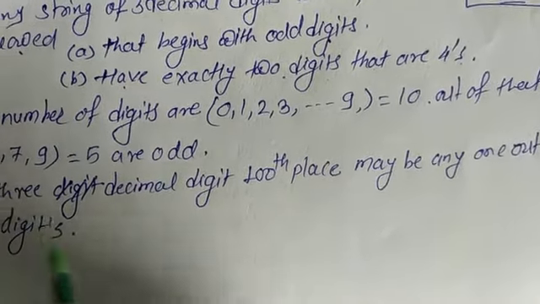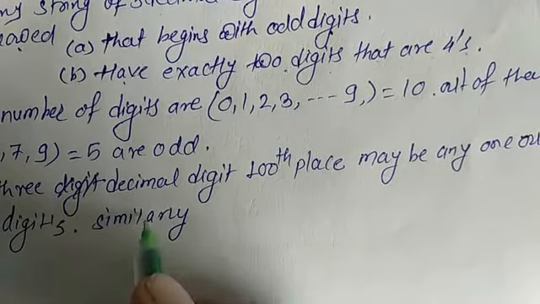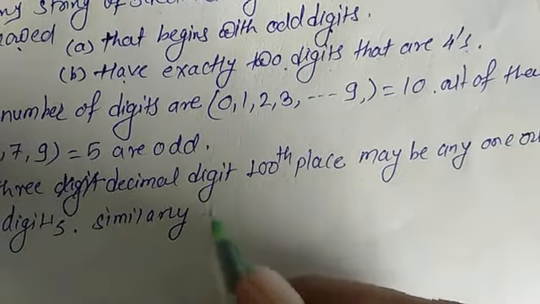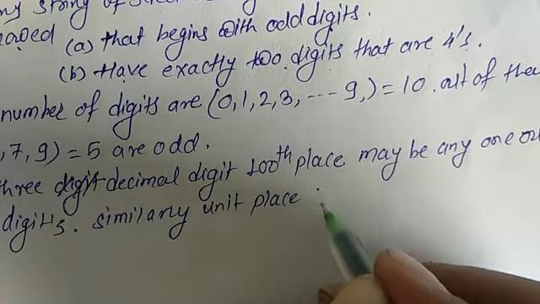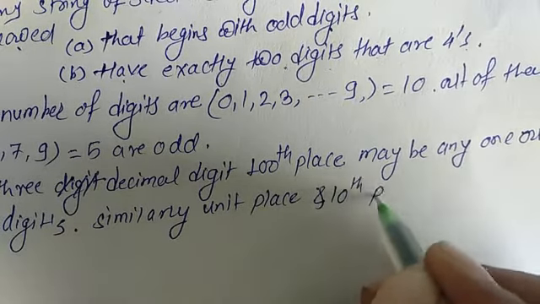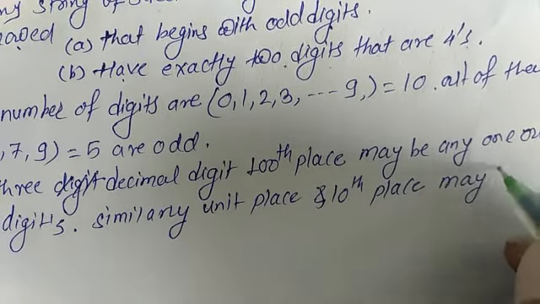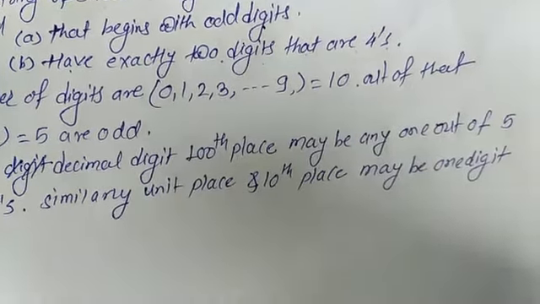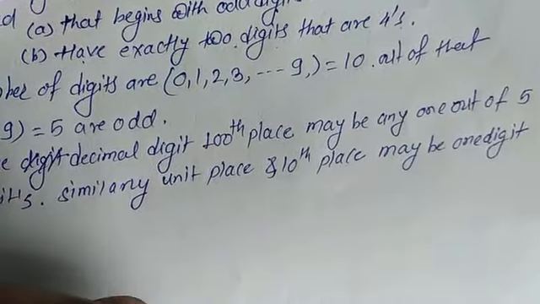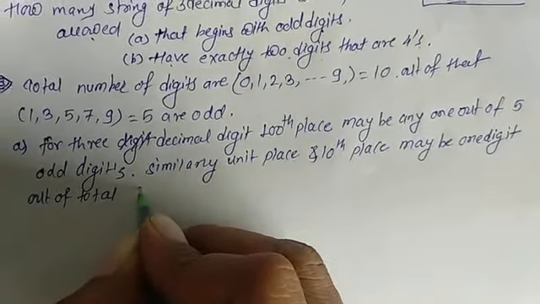Similarly, the unit place and 10s place may be one digit out of the total 10 digits.